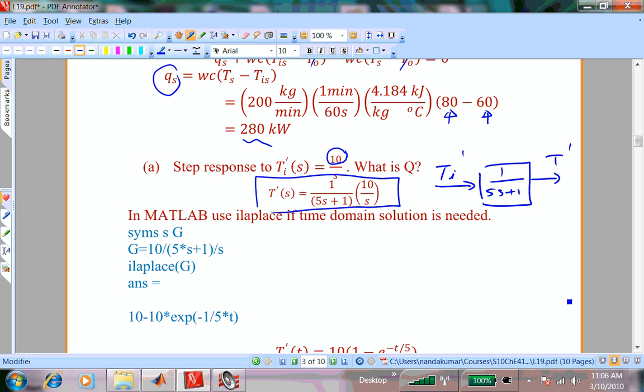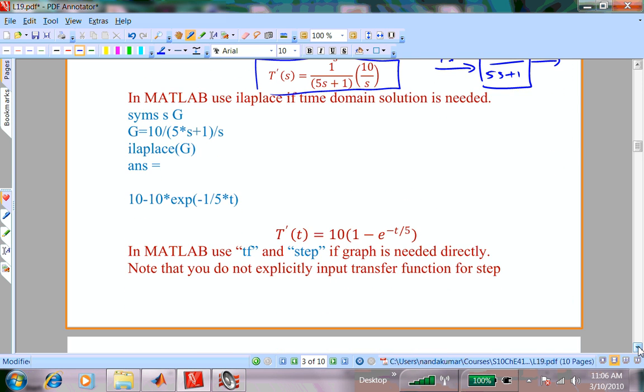And that is what I've written down here: 10 times 1 minus e to the power minus t over 5. That's the response. Now we need to plot this, or if there are specific questions like how long does it take to reach from 60 to 68 degrees, or 80 to 88 degrees, you should be able to use this result because this is a step response. Any questions on that?